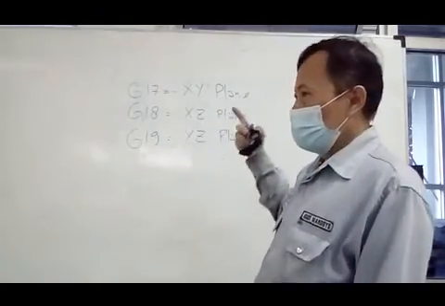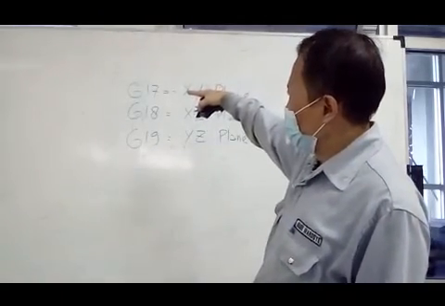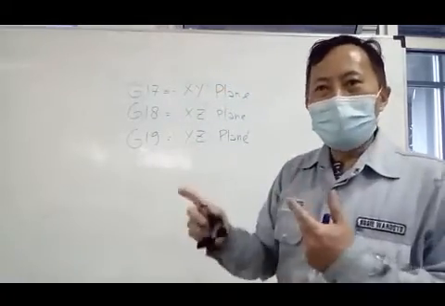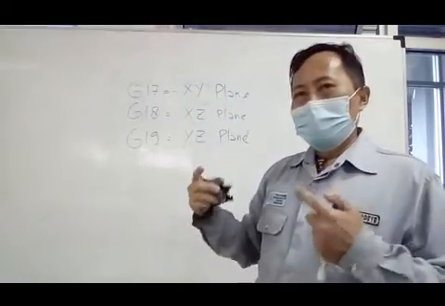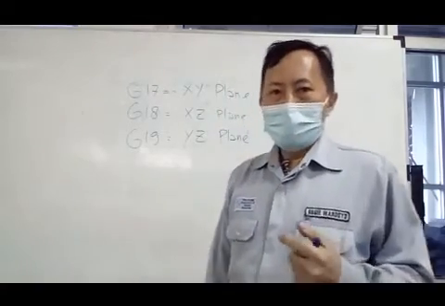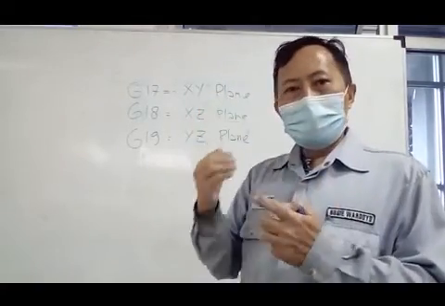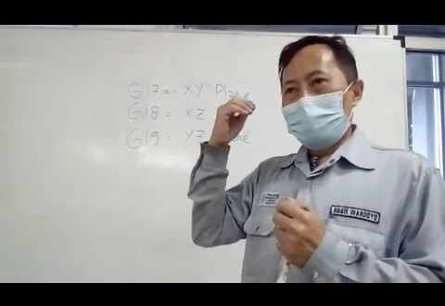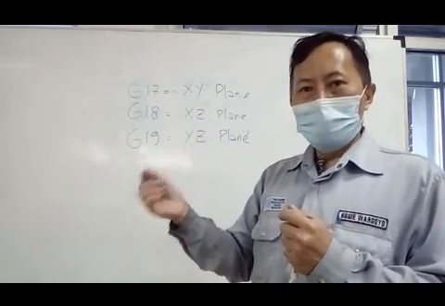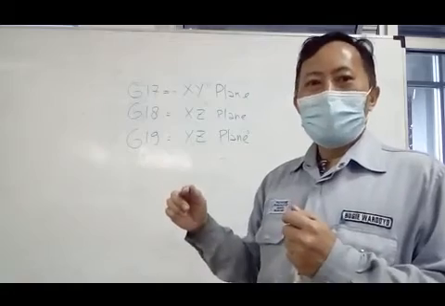Commonly when the G-codes are near to each other, near numbers, that is one group. So the rule is you cannot place G-codes of the same group in one line.